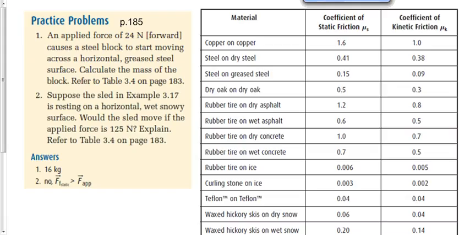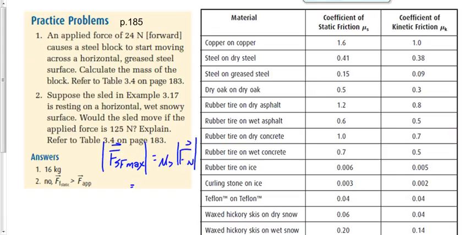If it does, great, it moves. If 125 is smaller than the maximum force, then that stubborn maximum force of static friction wins and it doesn't move. So let's get that value. Let's say FSF max for question number 2 is equal to mu times the normal force.